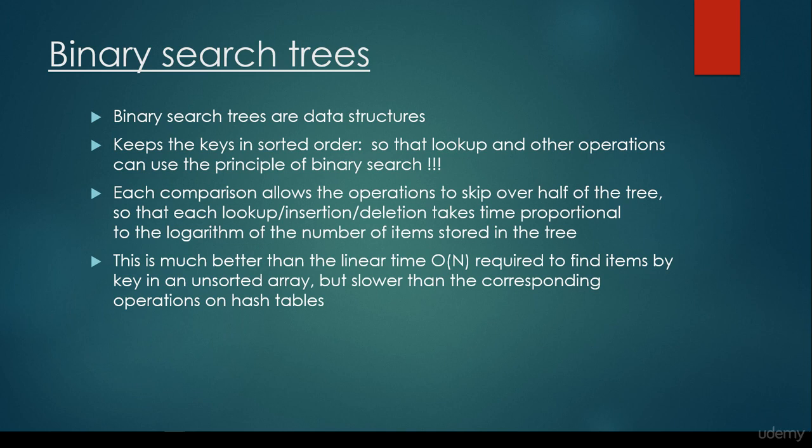So this is the O(log n) running time complexity. And this is basically much better than the linear time, so the O(n) required to find items by key in an unsorted array, but slower than the corresponding operations on hash tables.